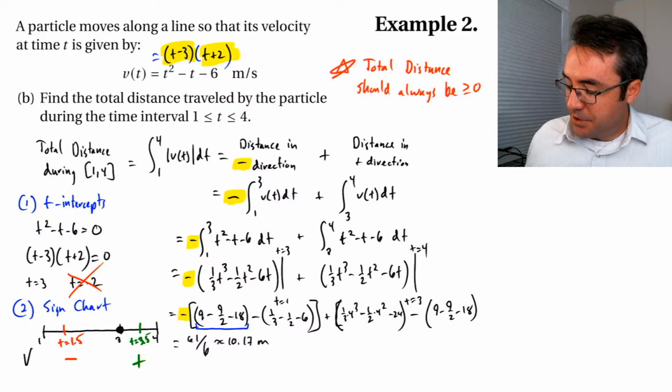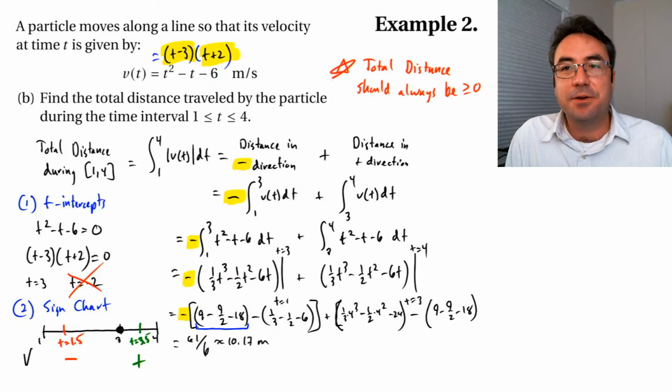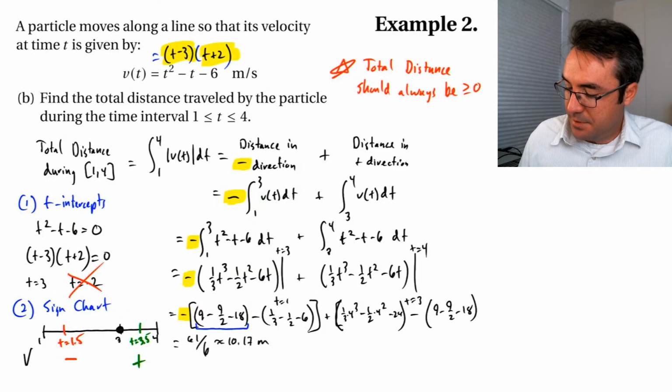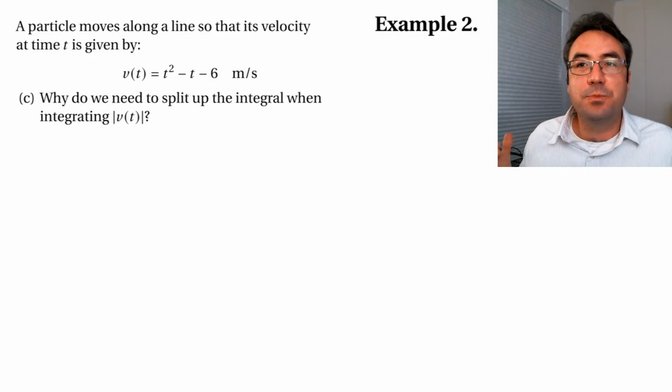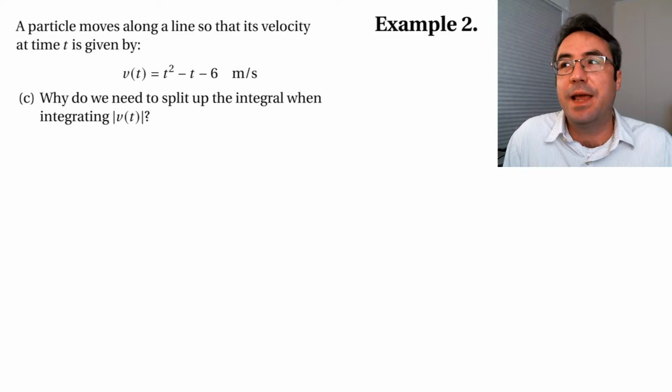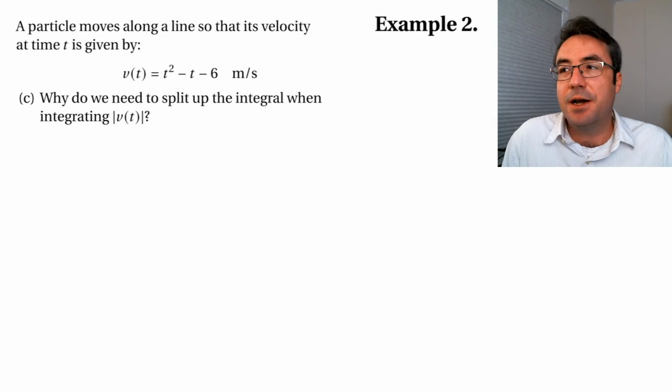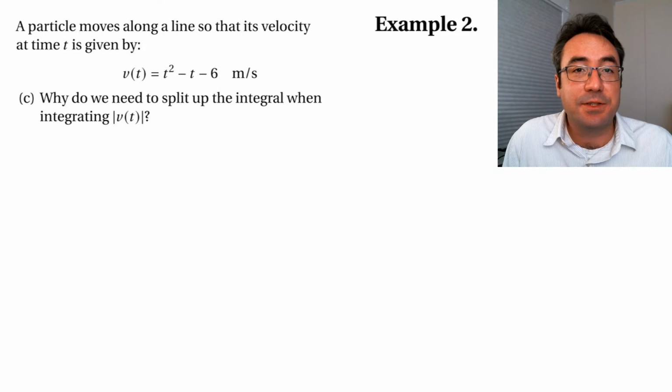All right, so this is a very subtle point when we're integrating absolute value. Why do we need to break up the integral when we have that absolute value? And the reason is because absolute value is a piecewise function.